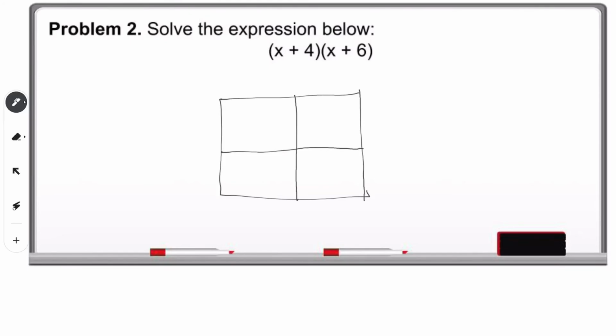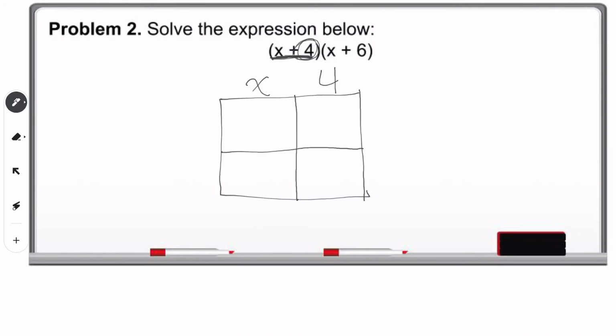On the top left, I write an X from the first term in my first binomial. On the top right hand side, I'm going to write a positive 4 from the second term in my first binomial. The top always represents your first binomial.